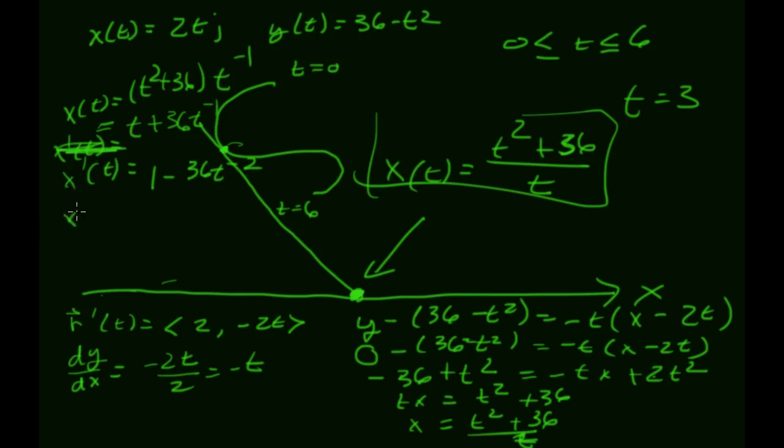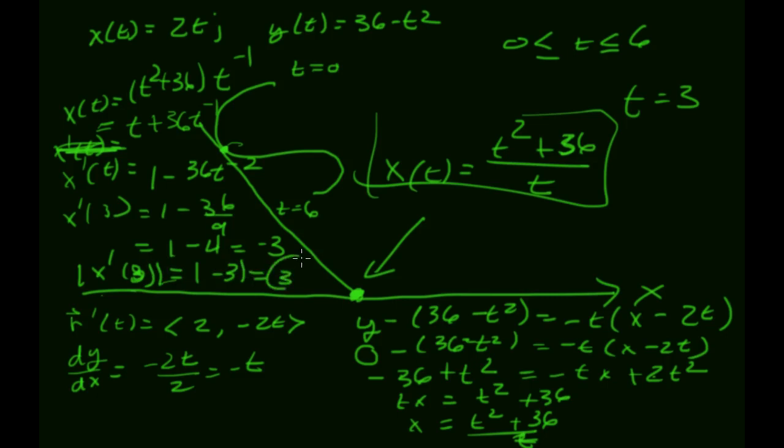Let's see, x prime of 3 then is 1 minus 36 over 9, which should be 1 minus 4, which is negative 3. But if I want the speed, I take the absolute value of that, which is the absolute value of negative 3, which is 3.